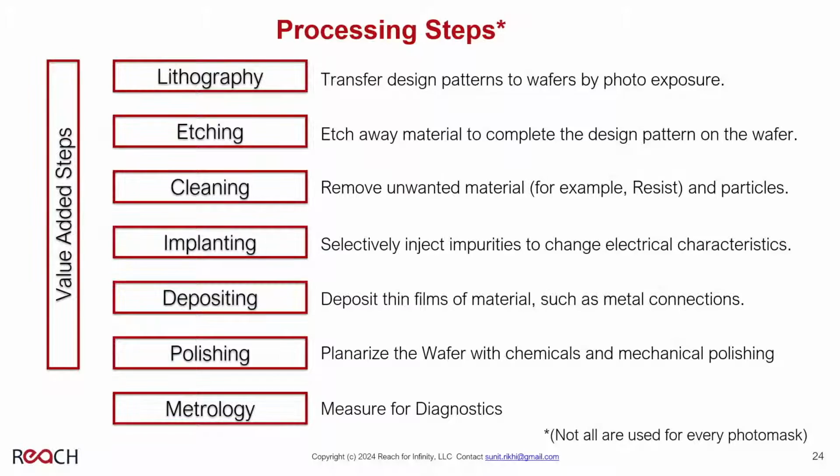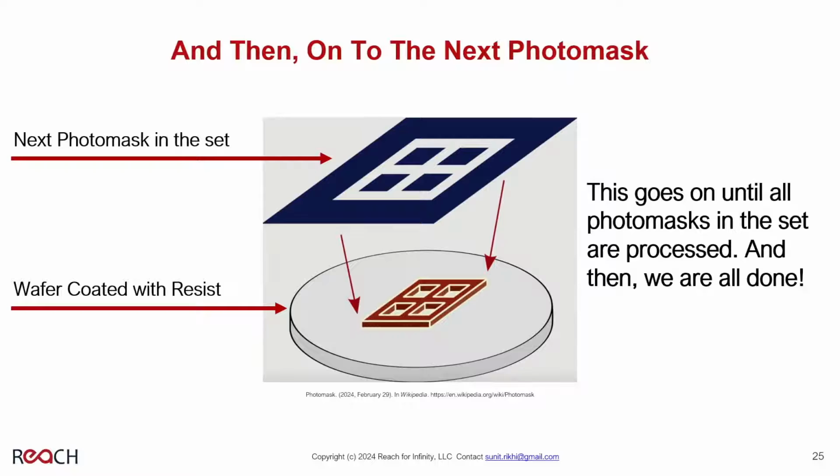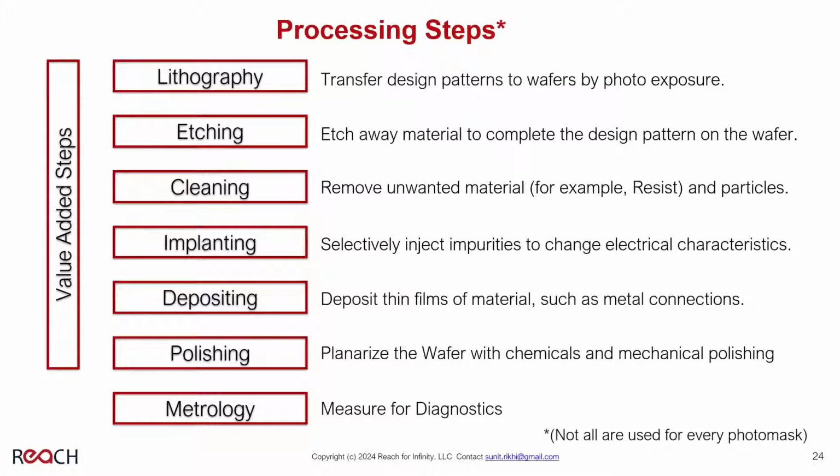Now, one other thing I want to make sure I emphasize is that not all these steps that I've listed are used on every photomask. So remember, there's 50 of them. Some will need it, some will not need it. Implant, for example, is used on selective layers that are used to construct transistors.